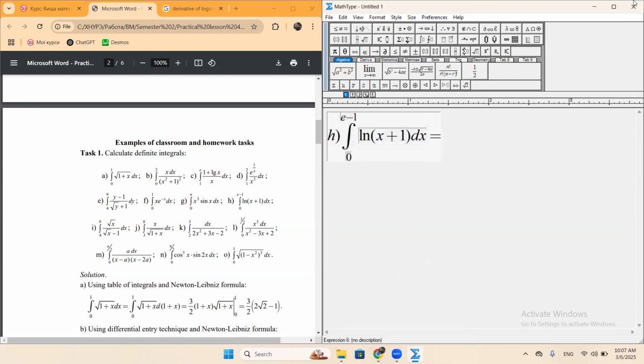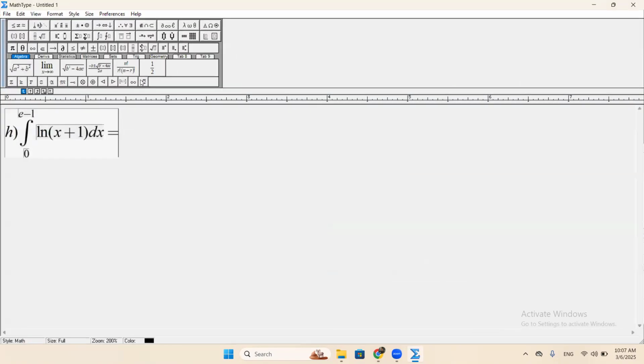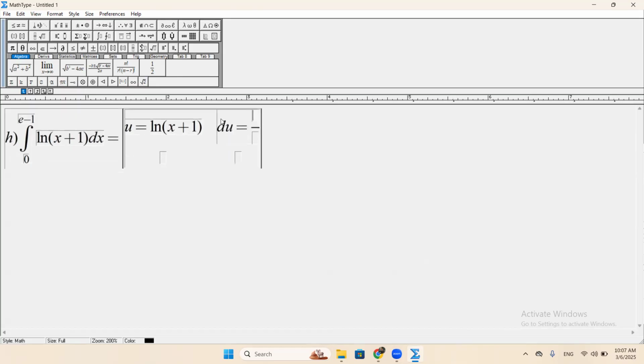Again, we use the formula for integration by parts, but we have another case. So here u equals logarithm of x plus 1, and du equals dx over x plus 1. Then dv equals dx, so v equals x.